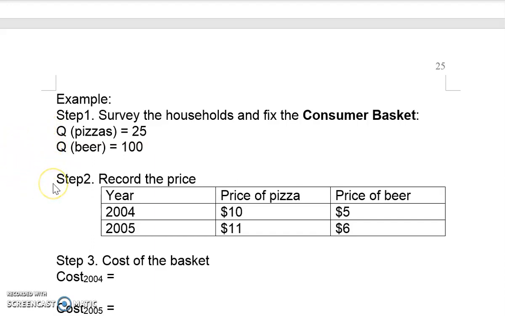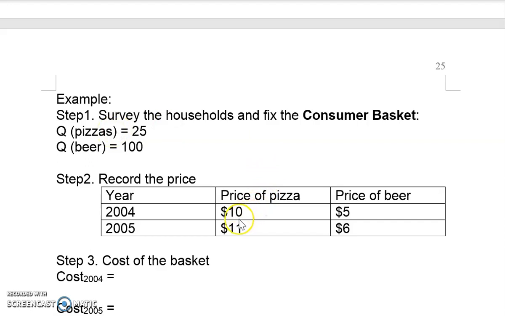Step number 2 is to record the price. The Bureau of Labor Statistics will go out to the market and write down the price of pizza. It must be in the same spot, for the same brand of pizza, same size, same everything.